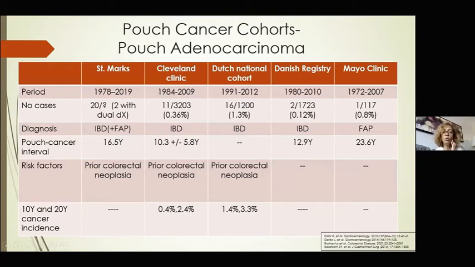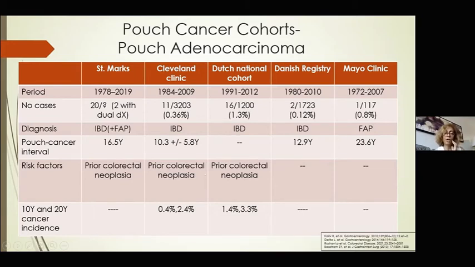I was trying to group all the pouch cohorts here in this slide, and this is actually the most recent one, the St. Mark's. And we have here the Cleveland Clinic and the Dutch that actually included only IBD, while the St. Mark's was using the St. Mark's Polyposis registry together with some IBD records. The Danish registry included only IBD patients, and there is also a cohort from the Mayo Clinic with FAP patients.